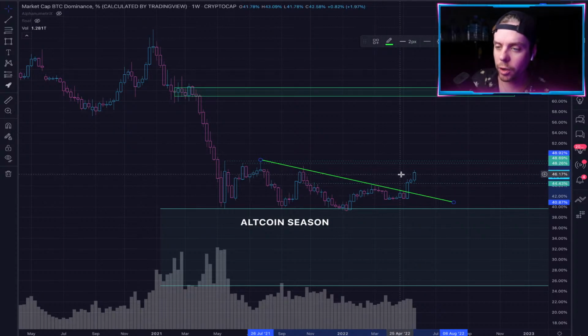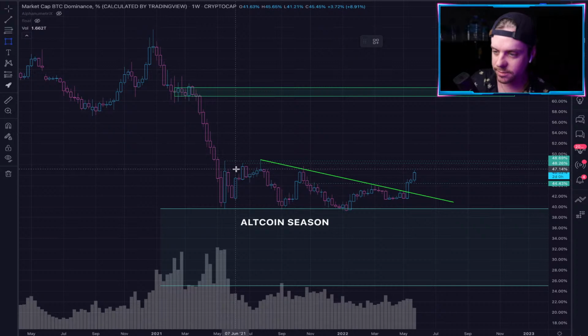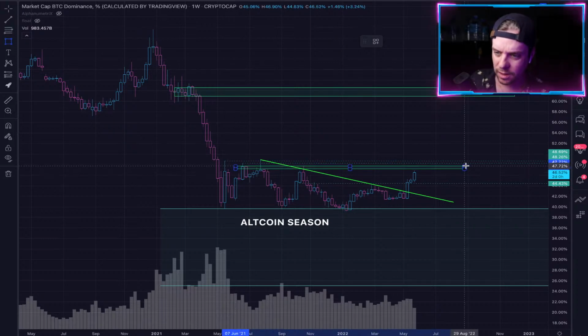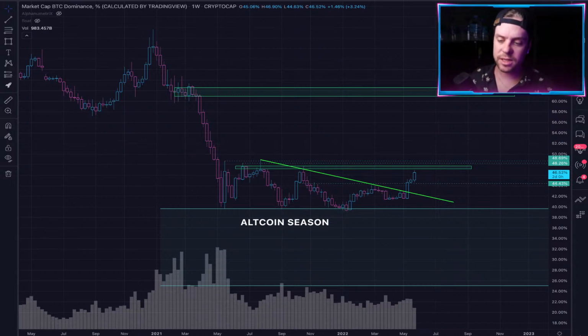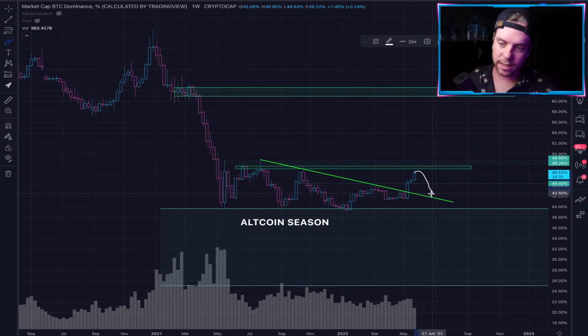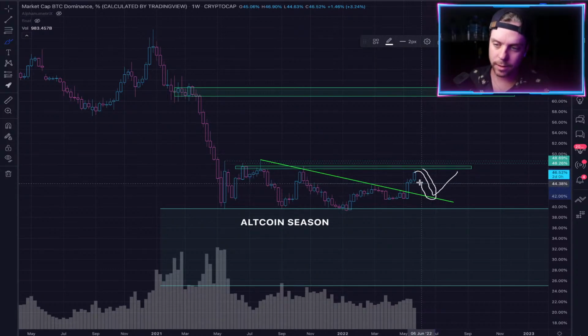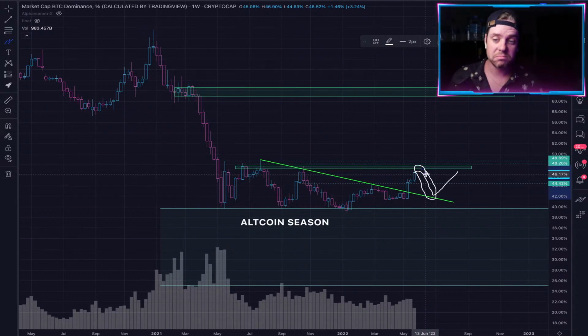Now, the bullish case to take a look at is that we are approaching a resistance. Right around here is a resistance. If we do encounter resistance and we get a reversal here, let's say we come back down to test the triangle or something like that, this move right here will be pretty exciting.